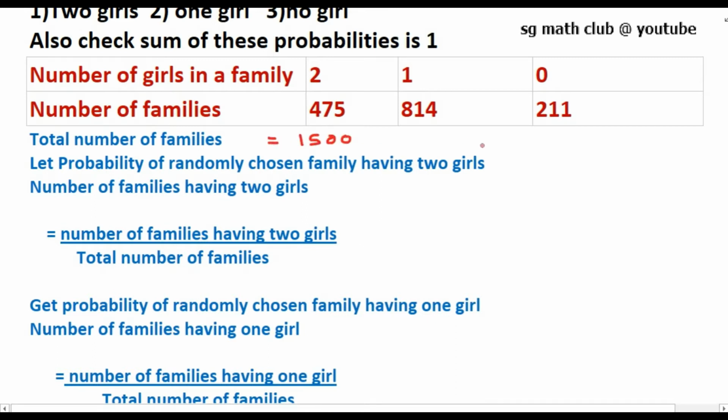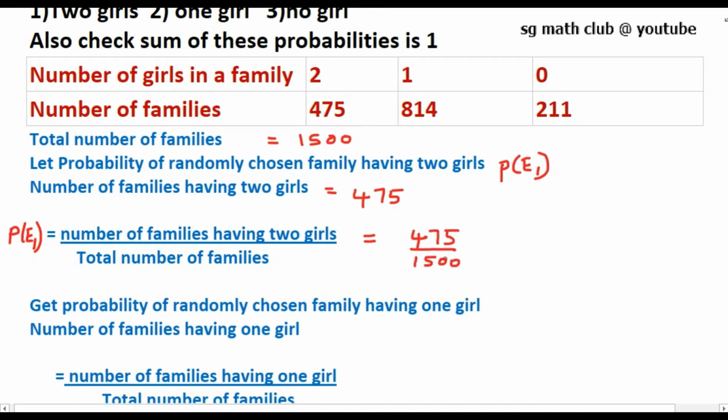Let the probability of a randomly chosen family having 2 girls be P of E1, since there are 3 questions. The number of families having 2 girls is 475. So P of E1 is the number of families having 2 girls divided by the total number of families, that is 475 divided by 1500.